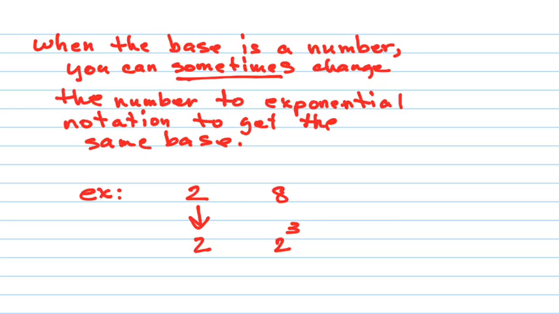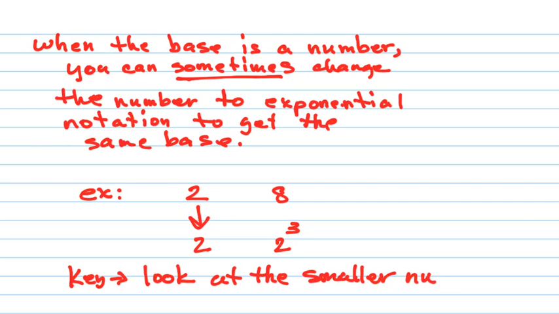So the key is to look at the smaller number. It's usually a case of turning the bigger one into the smaller one to some power. Now, is that always going to be possible? Certainly not. If we had 2 and 9, I can indeed turn 9 into some power, but it's 3 to the second. Does that do me any good?